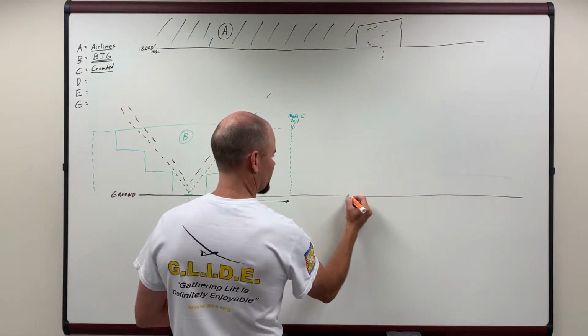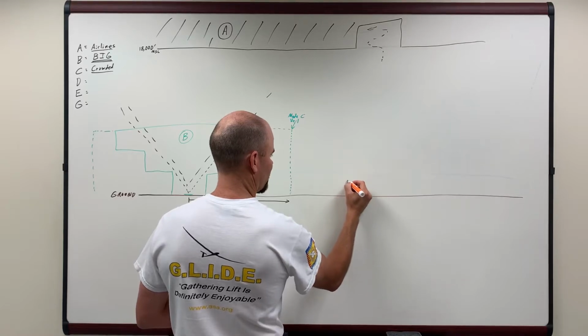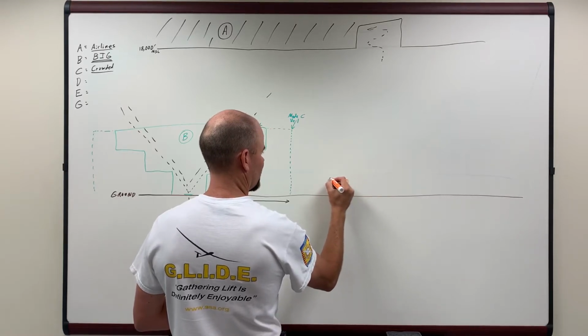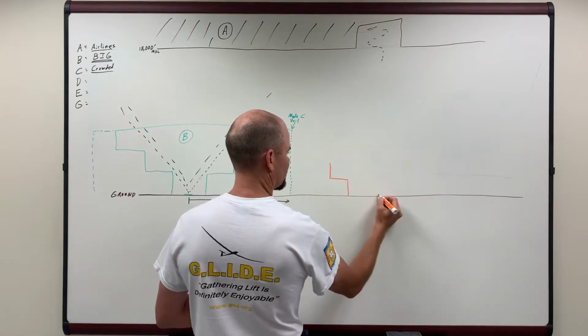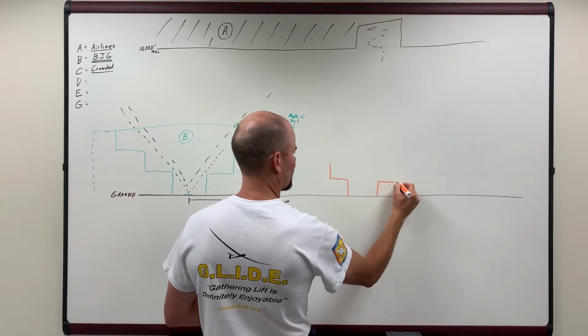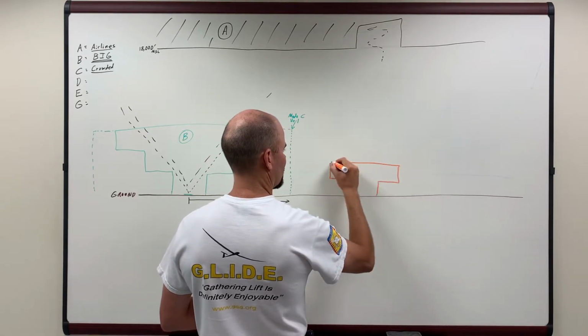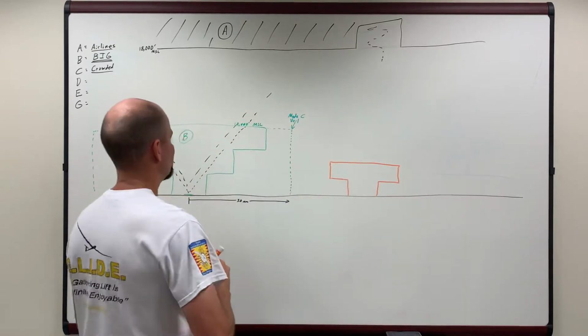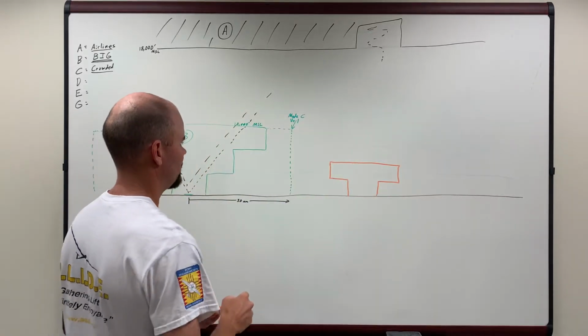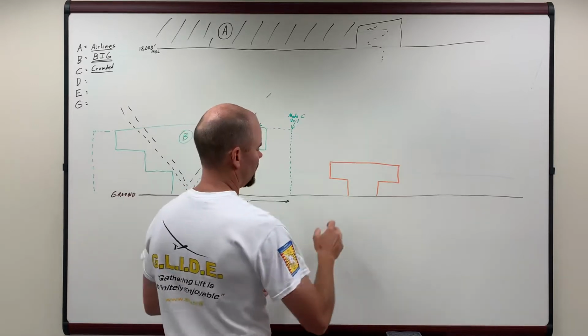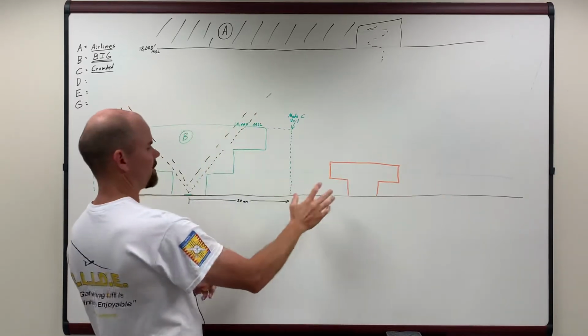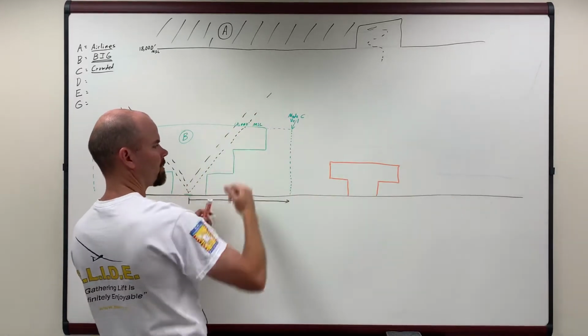They are similar. The airspace starts at the ground and it tiers up like this. They're shaped similar. They're not as tall.